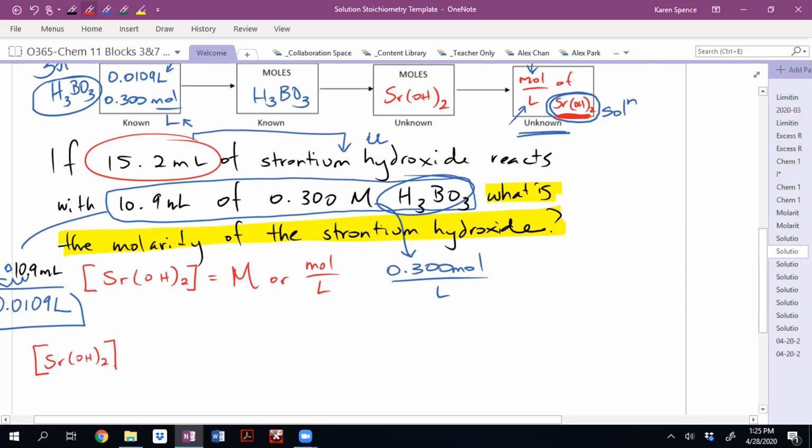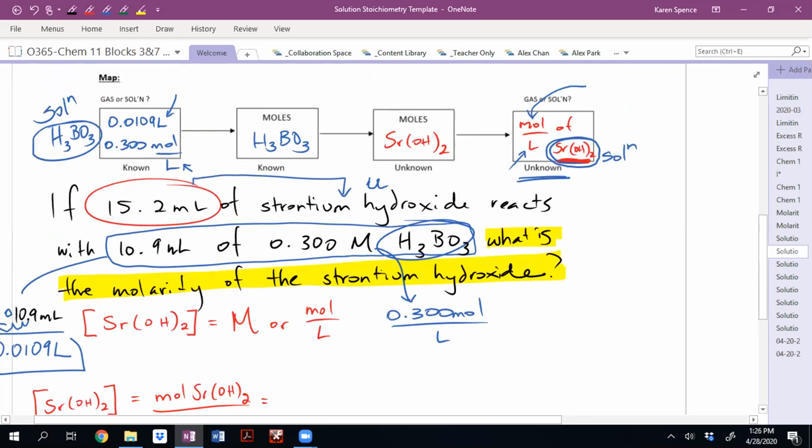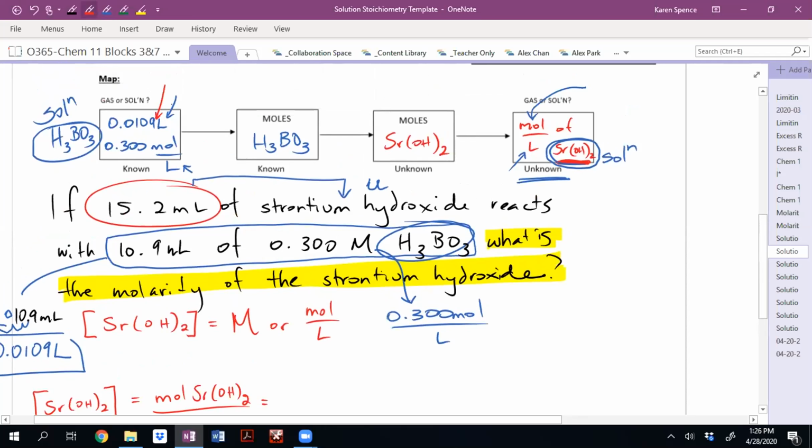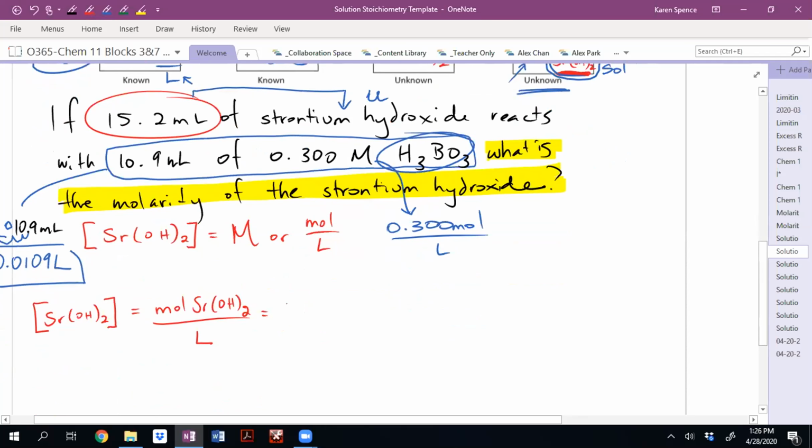Remember, that's how we say concentration of. That's going to be the moles of Sr(OH)2 per liter. Now we are starting with our known substance, which is 0.0109 liters. Maybe I'll put it in blue since that's our known substance.